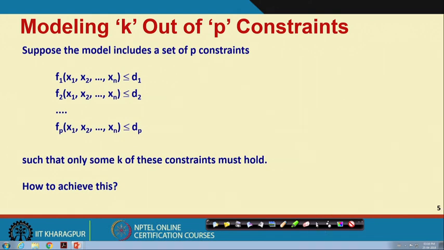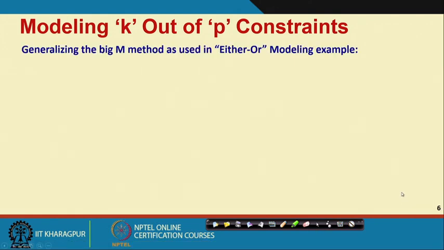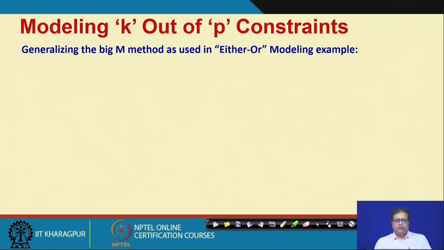So, let us see how we model k out of p constraints, generalizing the big M method as used in the either-or modeling example.